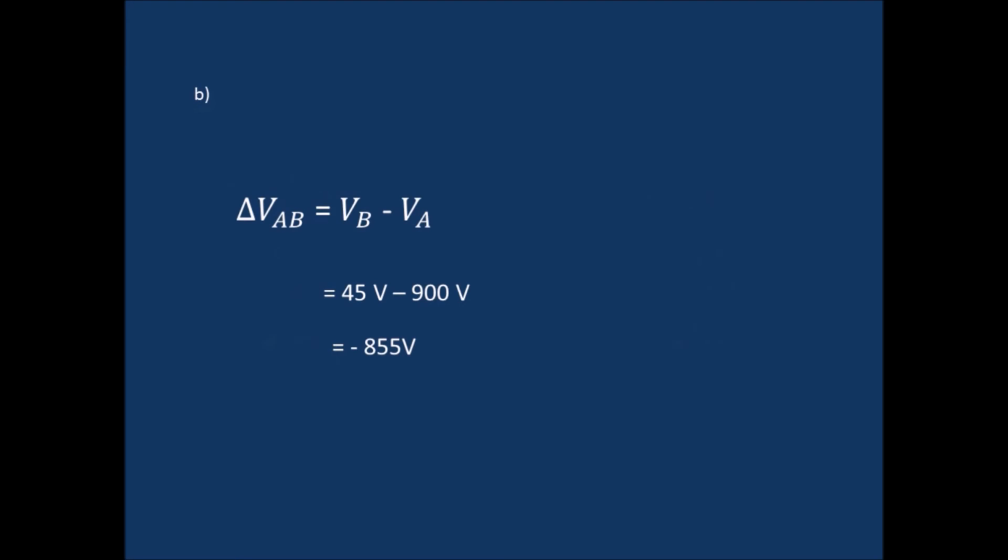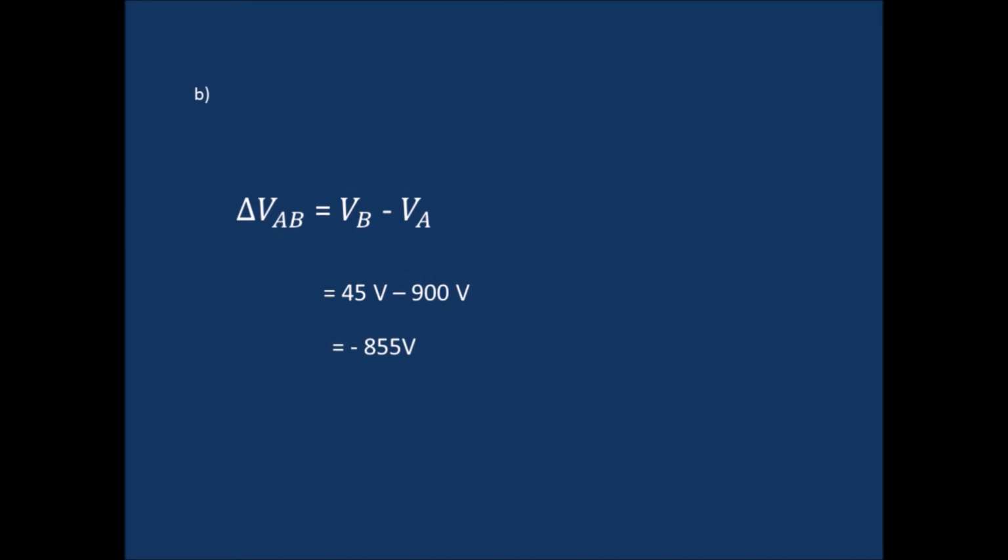Next, we need to calculate the voltage between point A and point B. The voltage is the difference between 2 points. So, the voltage is the change in electric potential, the difference between electric potential at B and electric potential at A. At B, electric potential was 45 and at A 900. So, it will give us negative 855 volts.